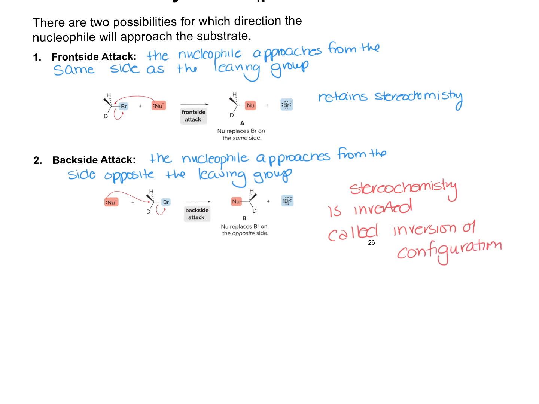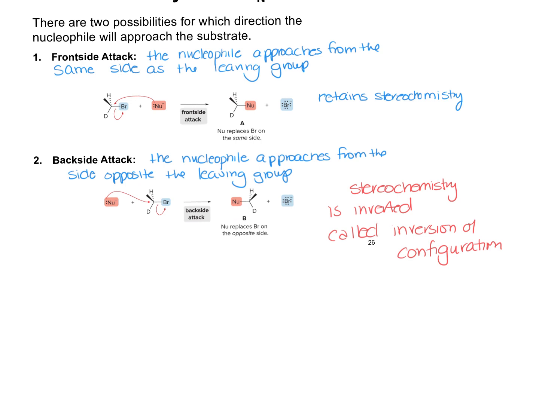And what does that mean? Well, if we start here and this is R, then we're going to end up with S and vice versa. So the product here ends up being a different configuration than the starting material. Now, that only, of course, happens if you start with something that is an enantiomer. Okay, so if you start with the enantiomer S, it ends up being the enantiomer R.